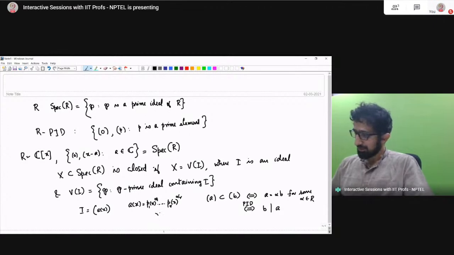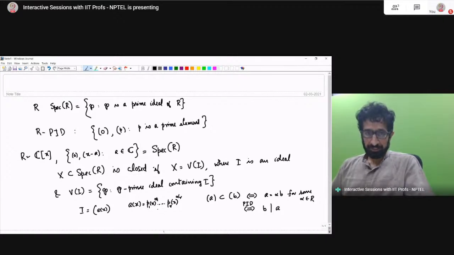When will the ideal generated by a factor become a prime ideal? If it is generated by an irreducible element. So the prime ideals that contain A(x) are nothing but the ideal generated by P1, the ideal generated by P2, etc., the ideal generated by Pr.